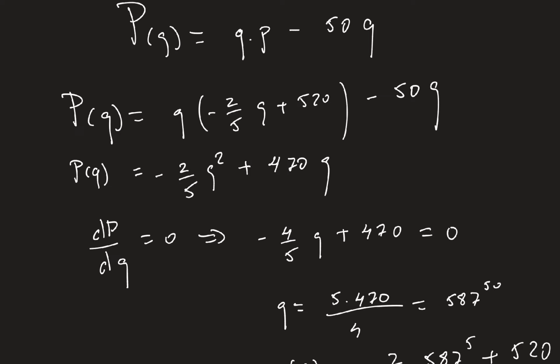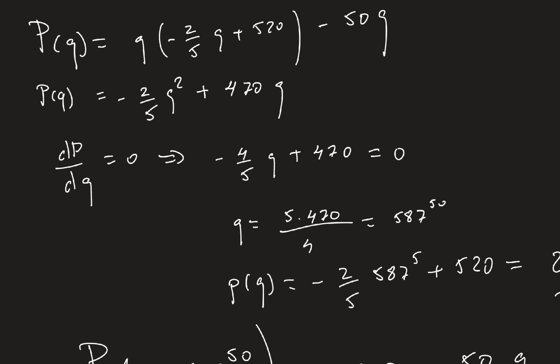How do I find a maximum? The derivative of P with respect to Q equals 0. The derivative will be minus 4/5 times Q, and the derivative of 470Q is 470, equals 0. So from here, I can solve for Q, and Q is 587.5.